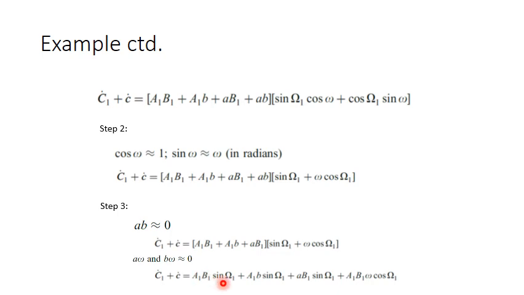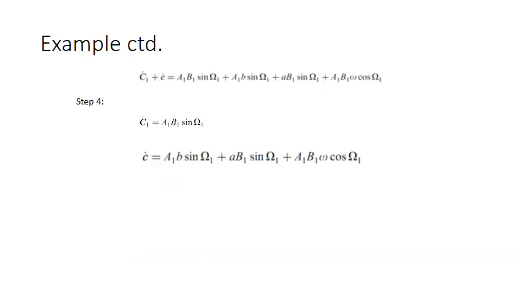So only these terms remain in our nonlinear differential equation. Then applying the last step, step number 4, which is to remove the steady state equation from the perturbed equation, these two terms are equal since they represent the original equation at steady state condition.